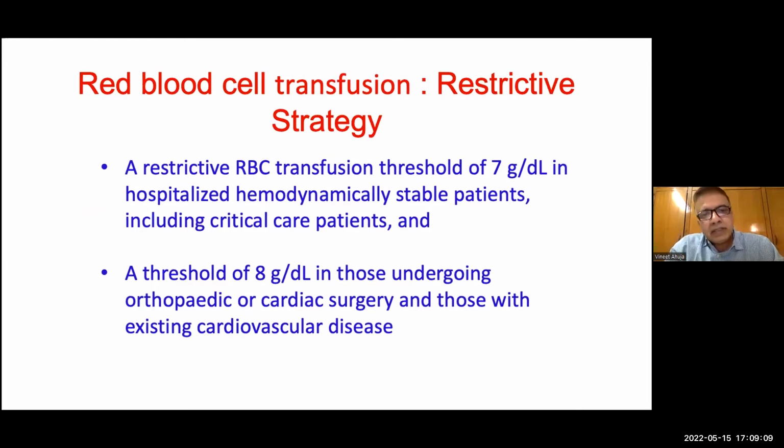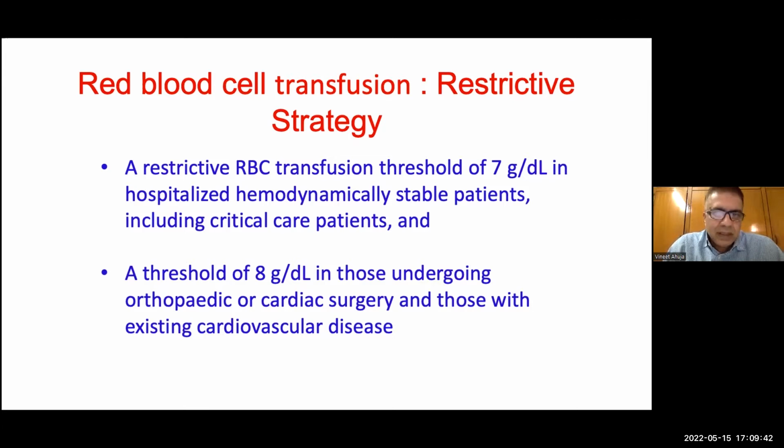What do we mean by a restrictive strategy? A restrictive strategy says that you should transfuse RBC if you find hemoglobin is 7 grams or below in hemodynamically stable patients, including critical care patients. If the patient has underlying cardiovascular disease, previous or recent history of acute coronary syndrome, or is being planned for orthopedic or cardiac surgery, then the threshold can be increased to 8.